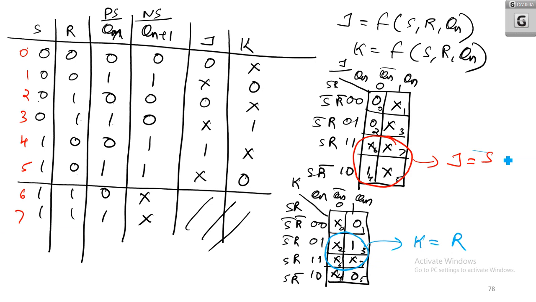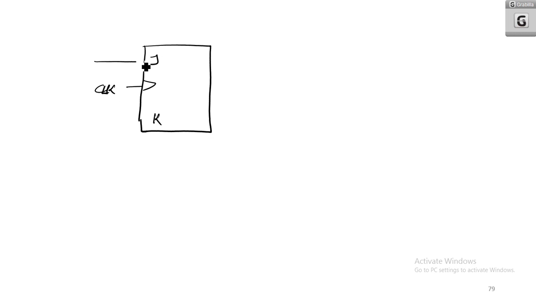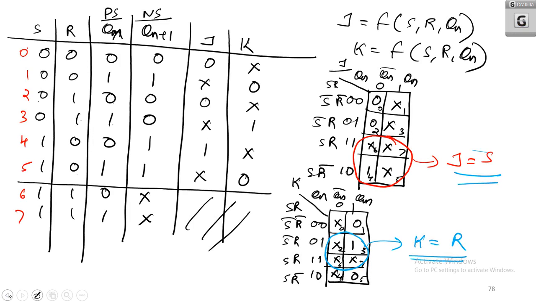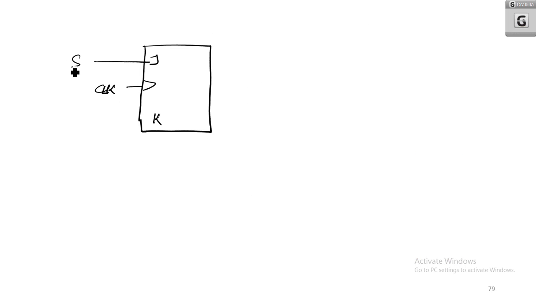So J is equal to S and K is equal to R is the required expression. So here you are having a JK flip-flop, of course there is a clock there. J is equal to S and K is equal to R, nothing else is there, and you have Qn and Qn bar as output.